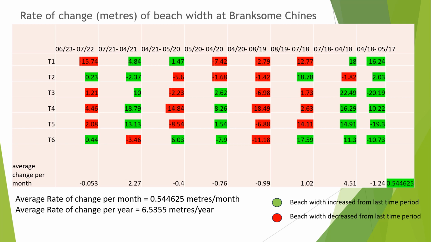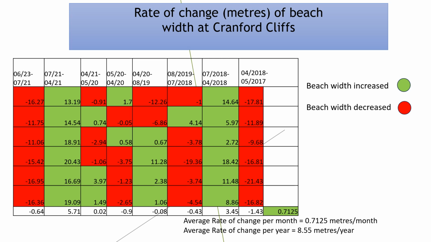So this is the table that I put it in to make it a little bit clearer. This is the rate of change between the time frames, and then I highlighted whether from the time before it grew or shrunk, but we'll come back to that. And the same here, the rate of change in metres from each time frame, but this time I highlighted whether the beach width had increased or decreased.